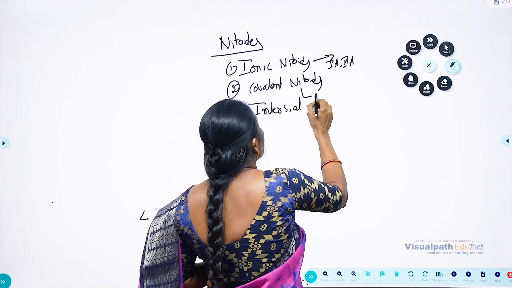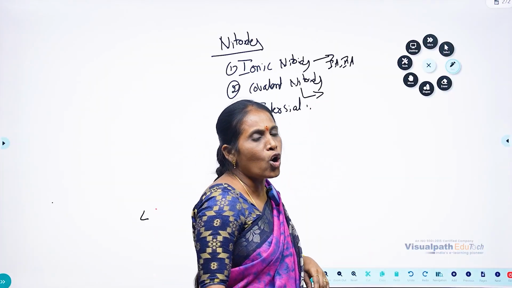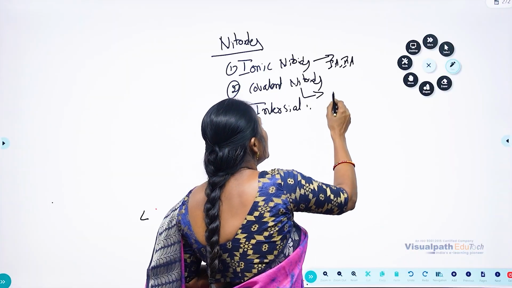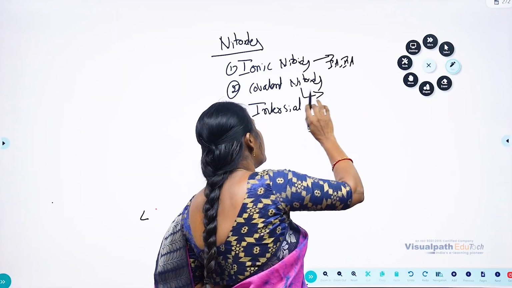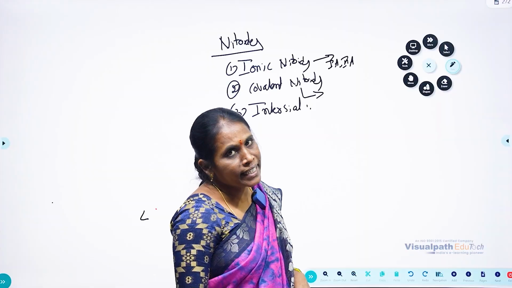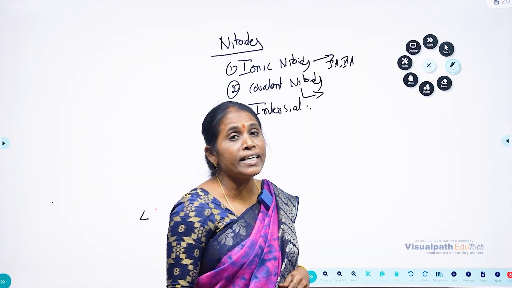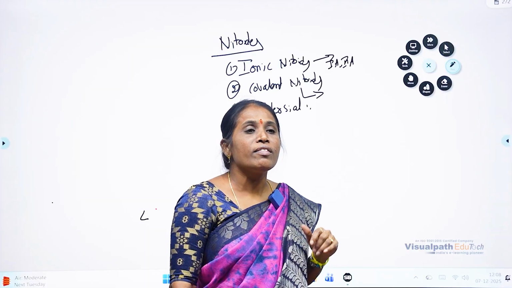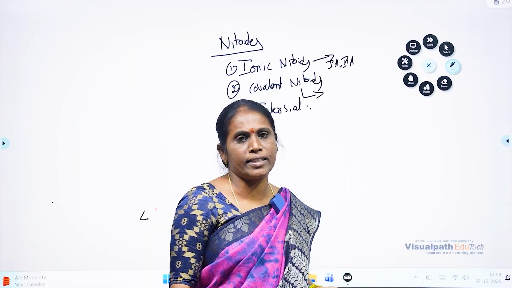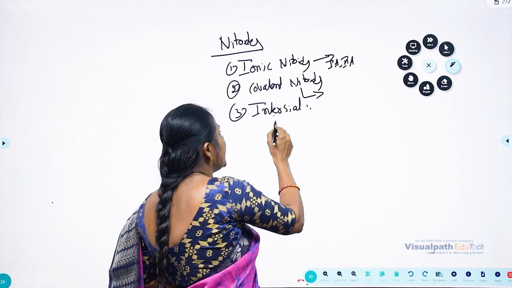Next one is the covalent nitrides. In these, third A, fourth A and fifth A group elements form covalent nitrides. These covalent nitrides form a network-like structure, and they act as electric conductors.